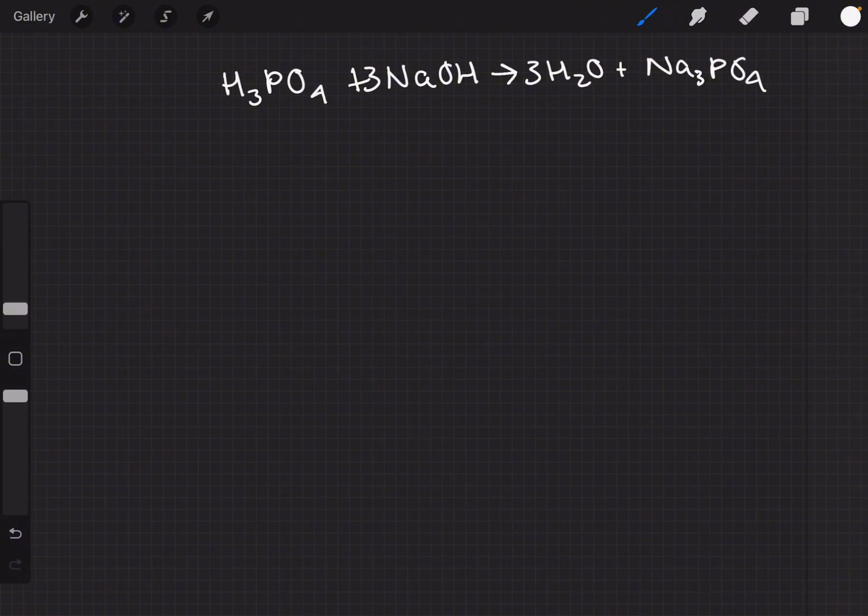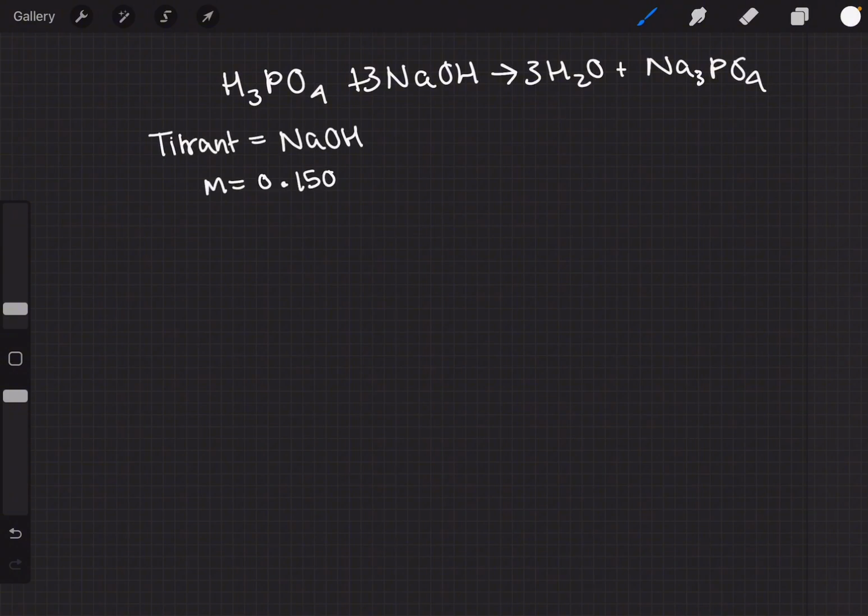Okay, so in this scenario, we know that our titrant, the solution that we do know the concentration of, is sodium hydroxide. And the molarity of that solution was 0.150.